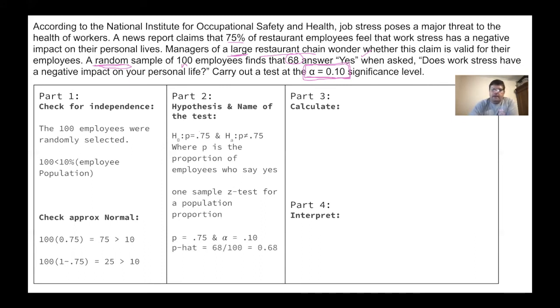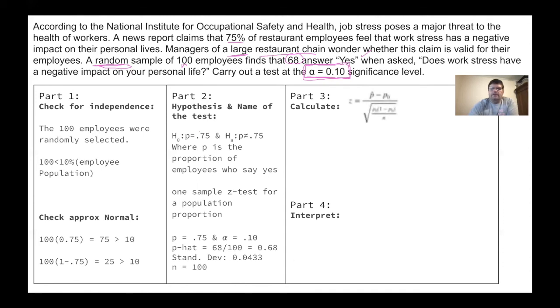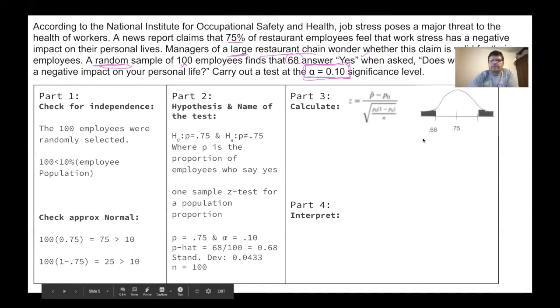The p hat in the experiment. So understand there's the theorized proportion, and then there's the result of our experiment or our trial. In this case, the p hat is 0.68. And that gives us a standard deviation of 0.0433 using the standard deviation formula. So now we can go on and calculate the z number by plugging in.